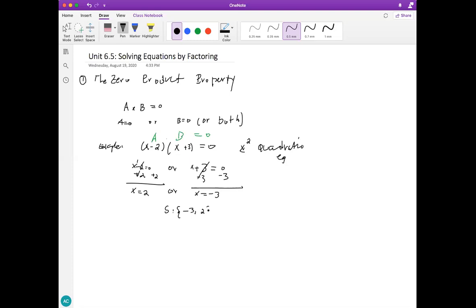If you have more solutions, you list them. With the third degree equations, for example, you could have as many as 3 solutions. For this equation, we have 2 solutions. So it could be 2, could be sometimes just 1 solution, or sometimes none, no solution. For example, we say solution set is empty set.